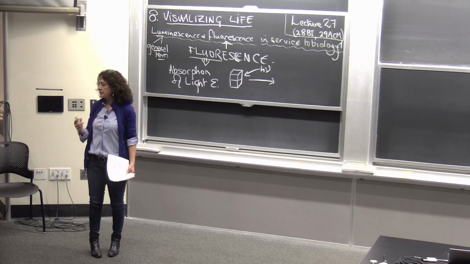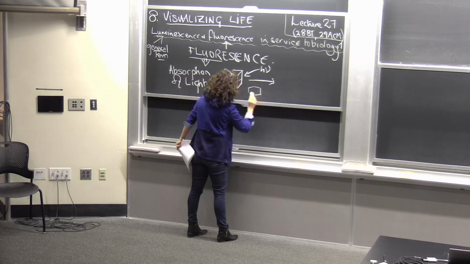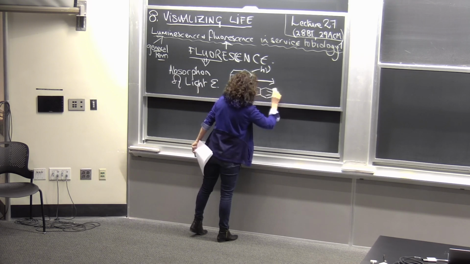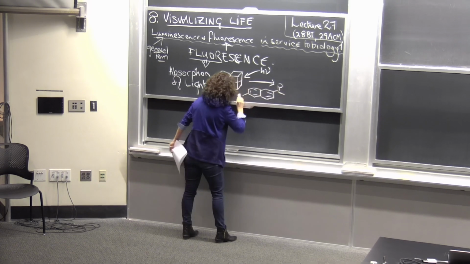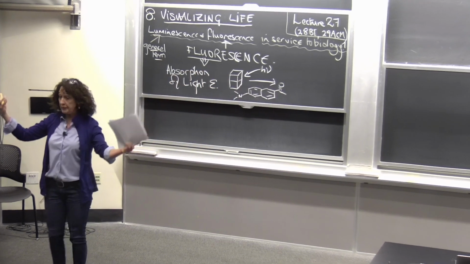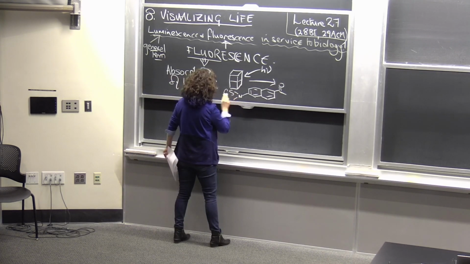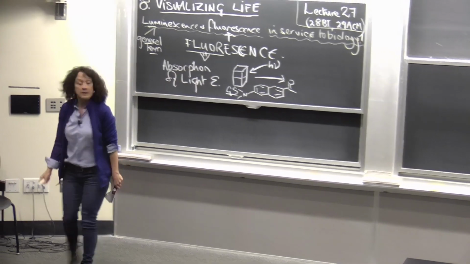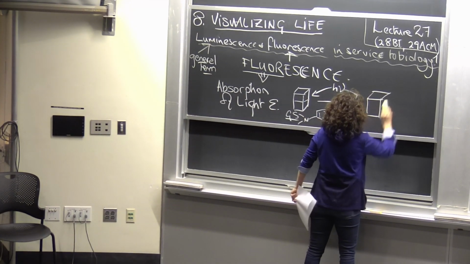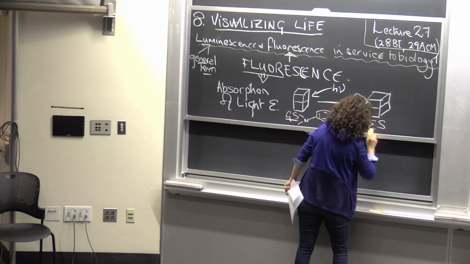Everybody's pretty happy today. Anyway, the molecule goes, and I'm going to just draw something, you know, with a bunch of double bonds and things. And the molecule absorbs light and goes to an excited state. So this is the ground state. Before light, after light. You get the molecule in an excited state.